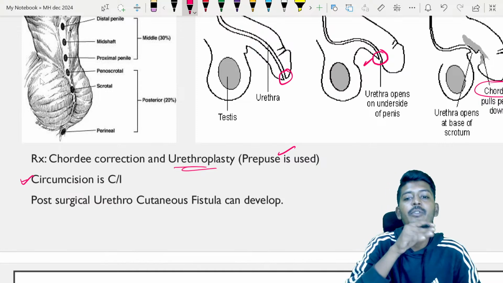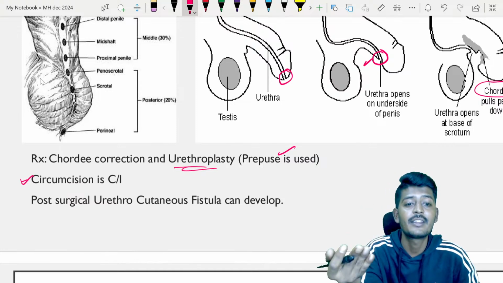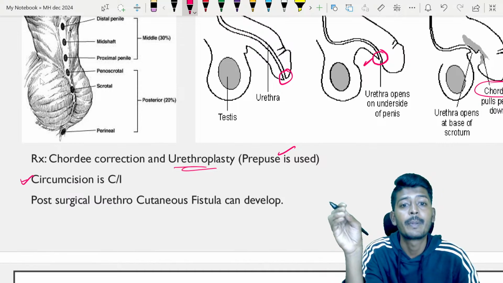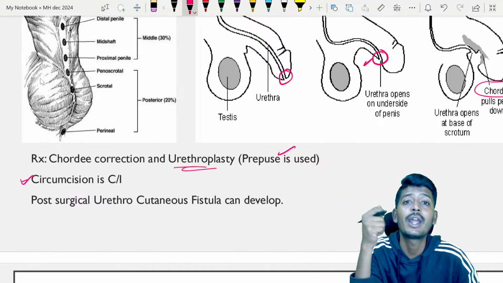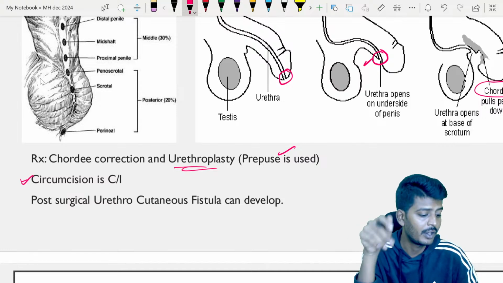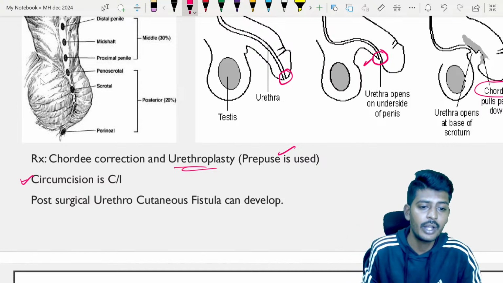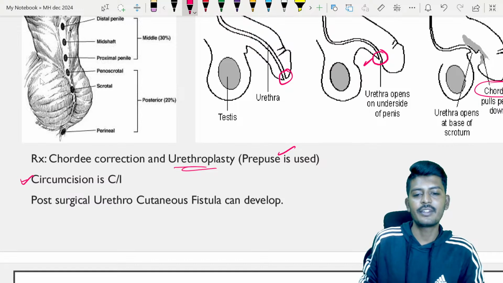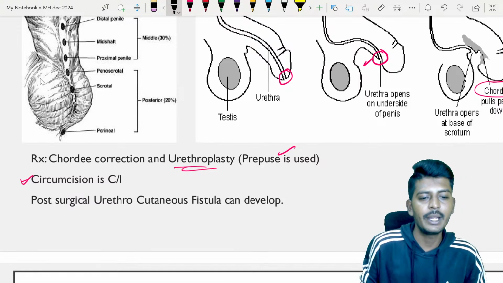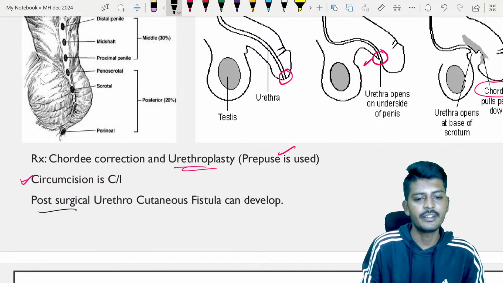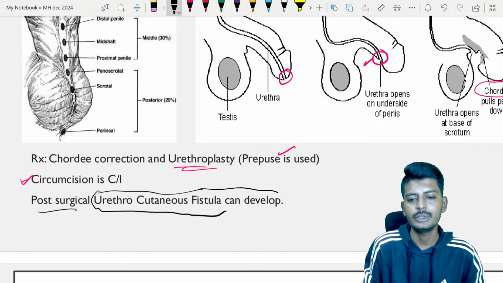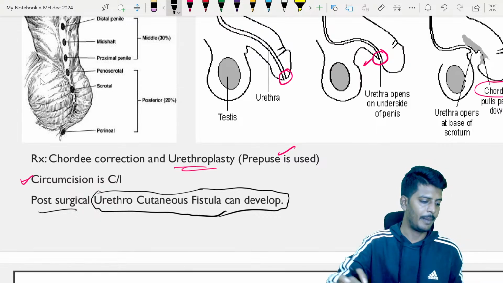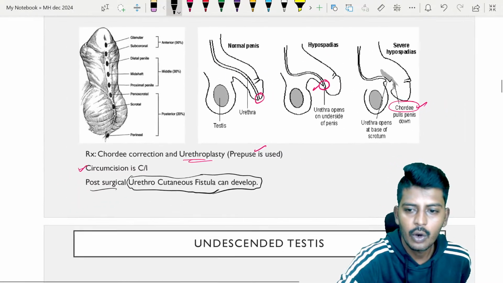That's why we don't allow circumcision: if it is done, the prepuce is removed, and we have no tissue left for reconstruction. If you do a reconstruction anyway, there can be a complication. Post-surgically, a urethrocutaneous fistula can develop. Urethrocutaneous fistula. I hope you understood.